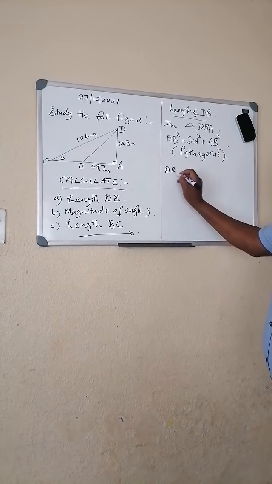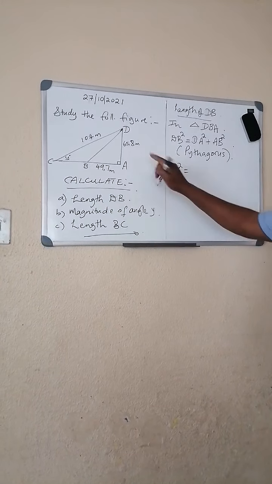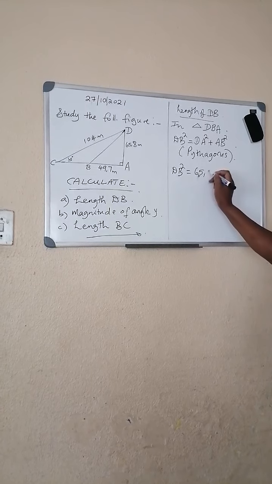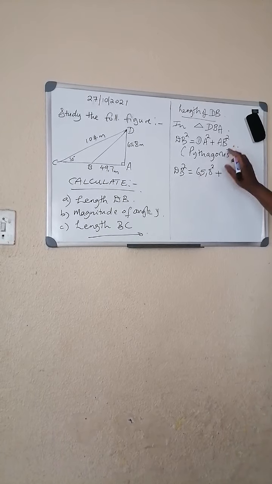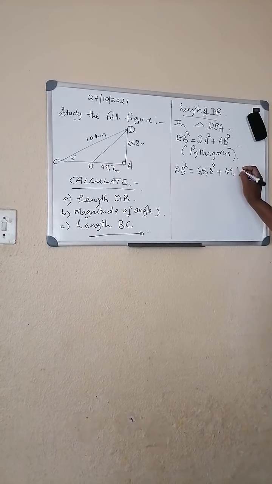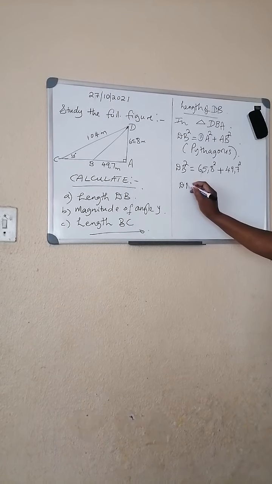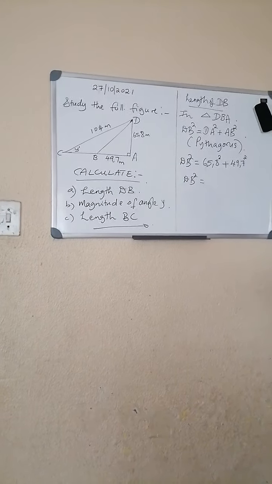Now therefore DB squared will be, what is DA? DA is 65.8. This value must be squared as in Pythagoras. What is AB? AB is 49.7. This value must be squared as in Pythagoras. So what is the value there on the right hand side?